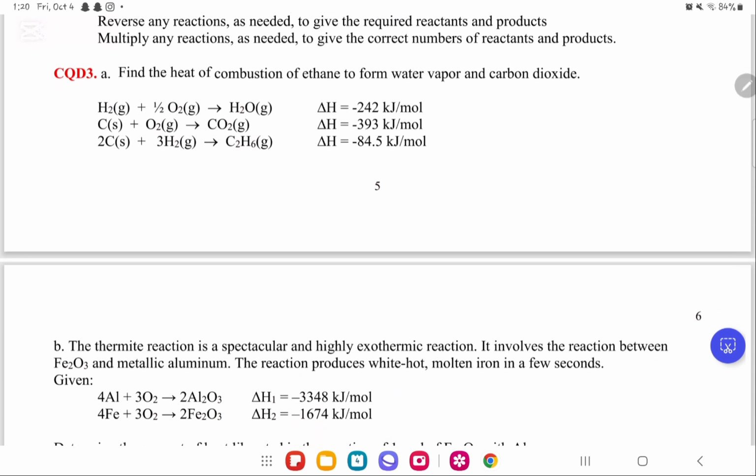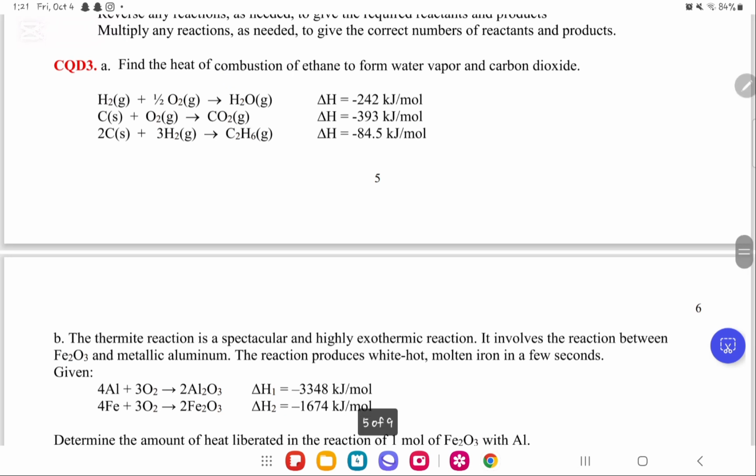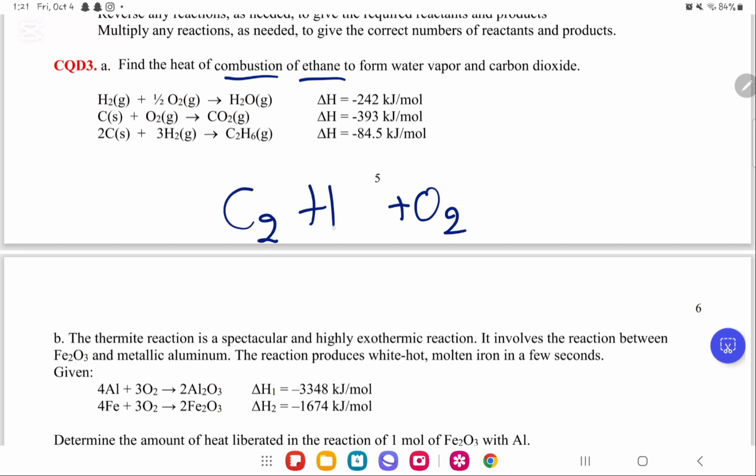CQD number 3 is very, very important. Please pay attention. Find the heat of combustion. Anytime you see combustion, that means plus O2. Of ethane, the equation of ethane is C2H6, okay? Forms water vapor, so H2O gas, and carbon dioxide, CO2.